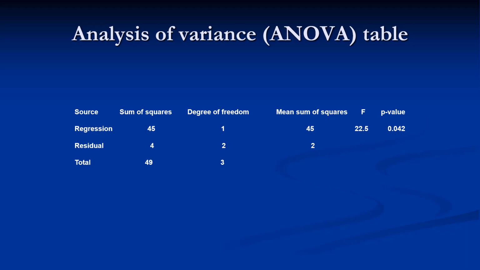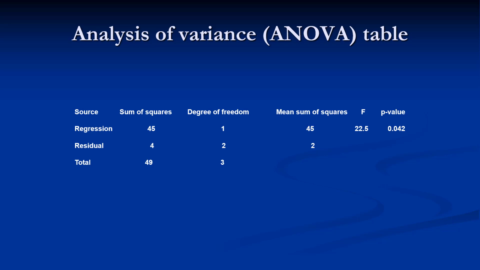Mean sum of squares residual is equal to 4 divided by 2, which is 2. We estimate F as the ratio of the mean sums of squares: F equals mean sum of squares regression divided by mean sum of squares residual, which is 45 divided by 2, equal to 22.5.